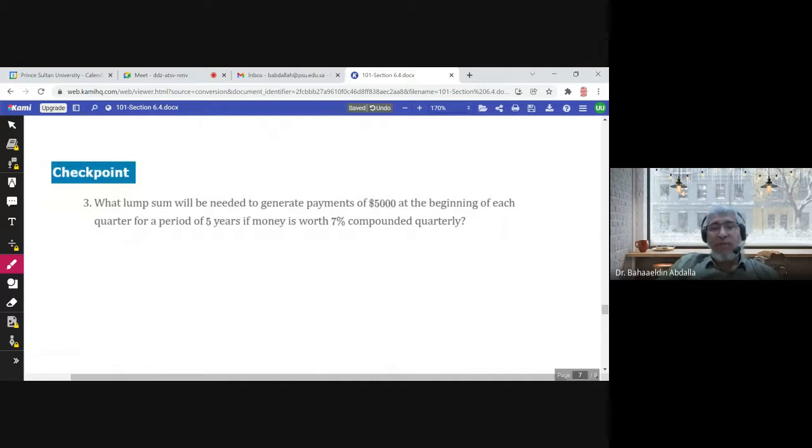What lump sum will be needed to generate payments of $5,000 at the beginning of each quarter for a period of 5 years? That is 4 times 5, so 20 periods.